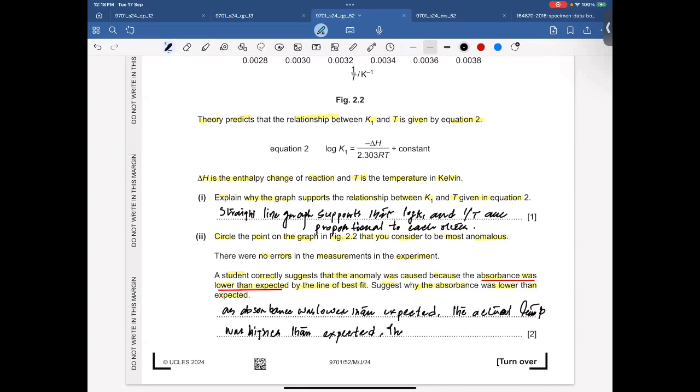This will lead to the lower concentration of iron thiocyanate ions.